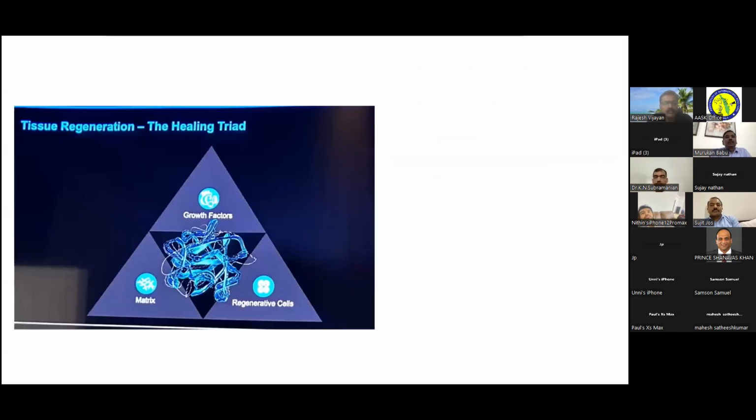Okay, this comes with various companies, but AutoCAD is one of the makes. And the healing triad, as has been understood: growth factor, matrix, and regenerative cells. All three are there. So the current science claims that all these three together make that cartilage environment grow very well.